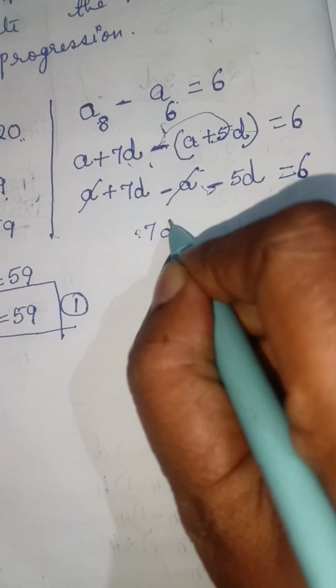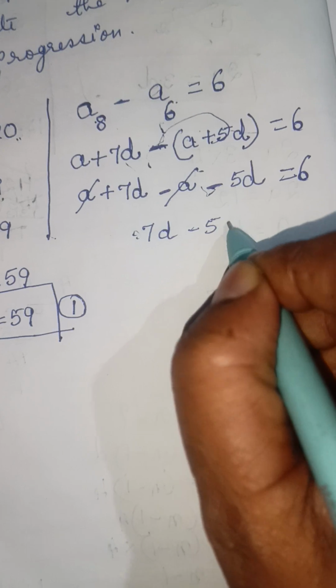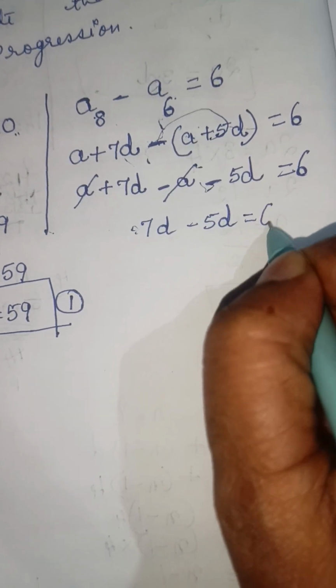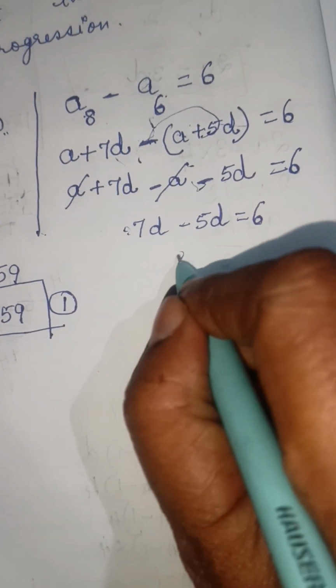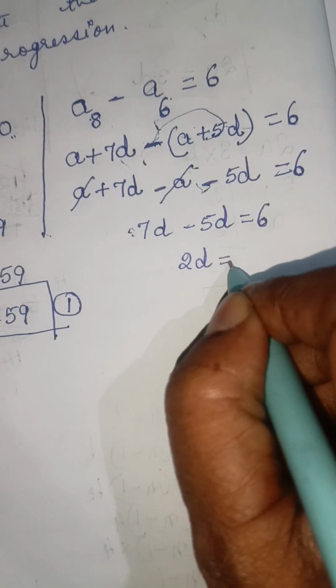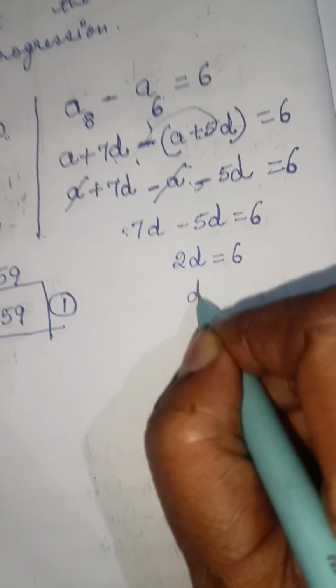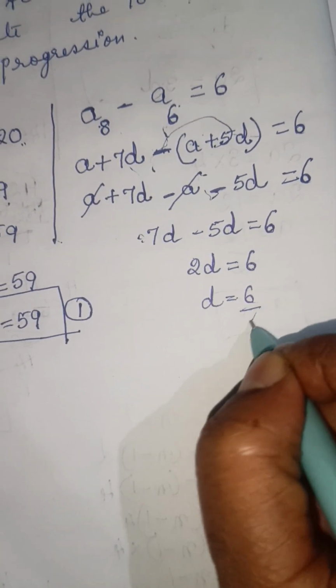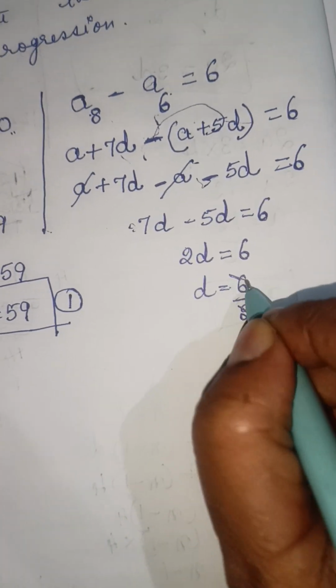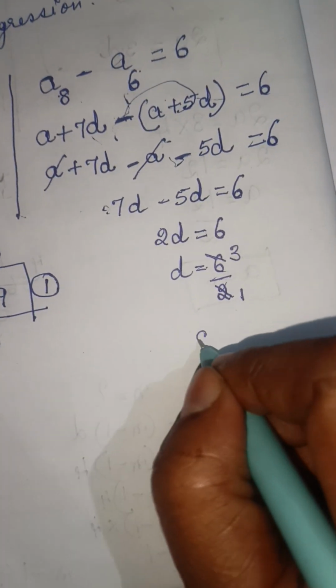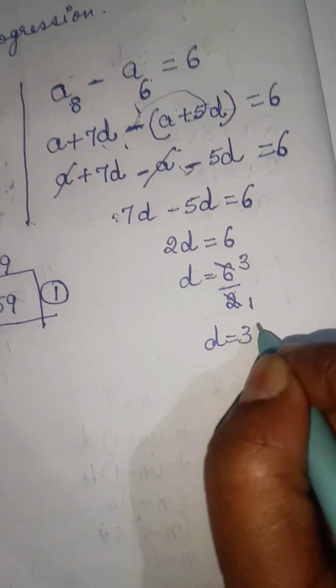What remains is 7D minus 5D equal to 6. So this will be 2D equal to 6. D equal to 6 by 2. 2 1s are 2, 2 3s are 6. So we get the value of D as 3.